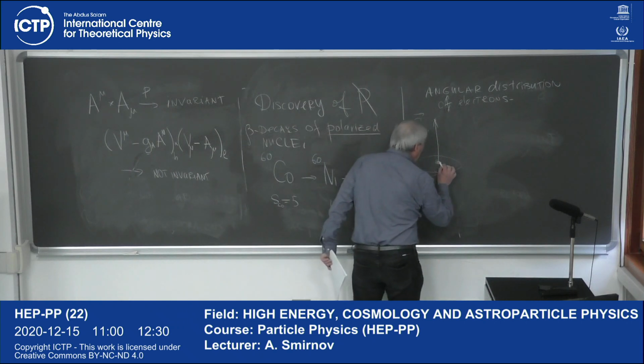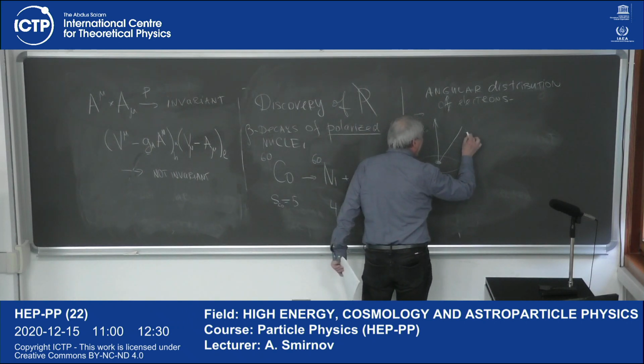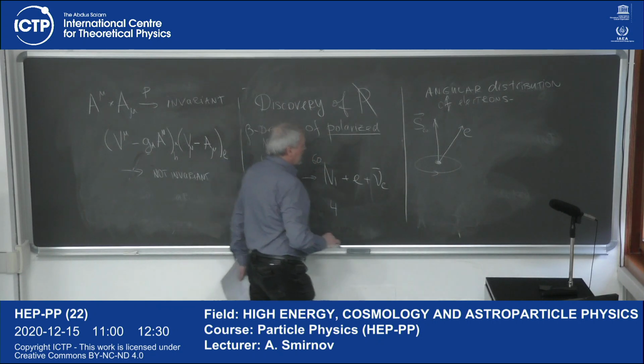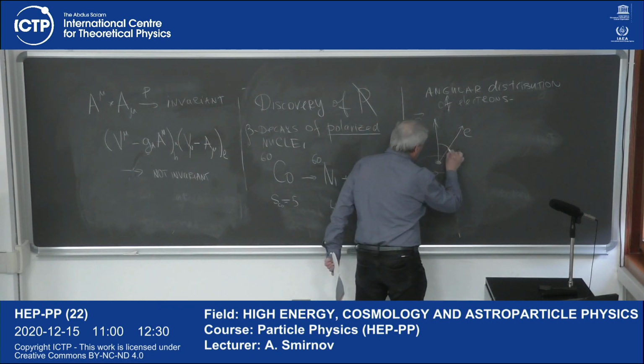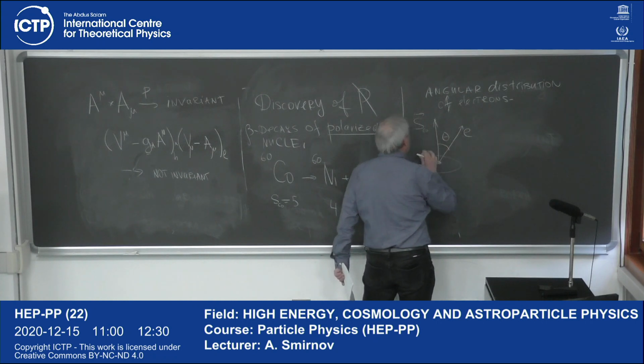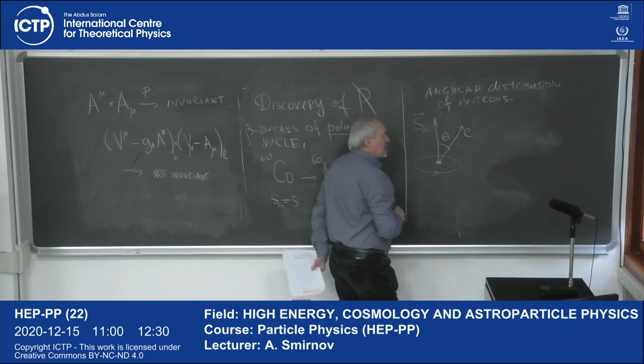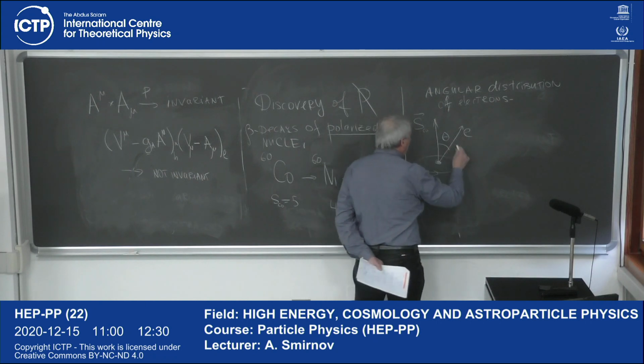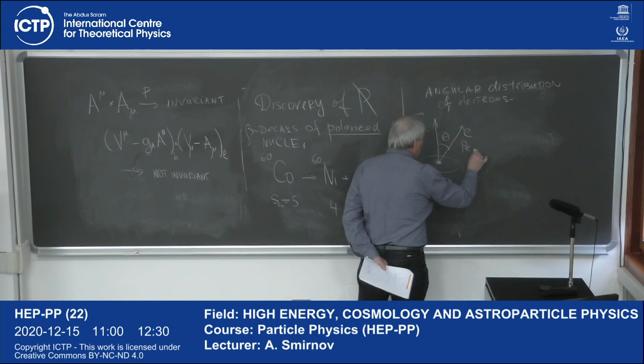And then what shows up is electron after decay from this process. Theta is the angle between a vector of spin, of polarization of cobalt, and momentum of electron.